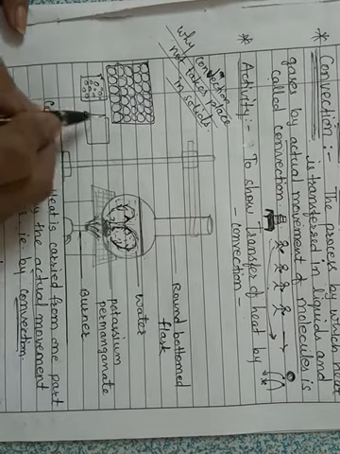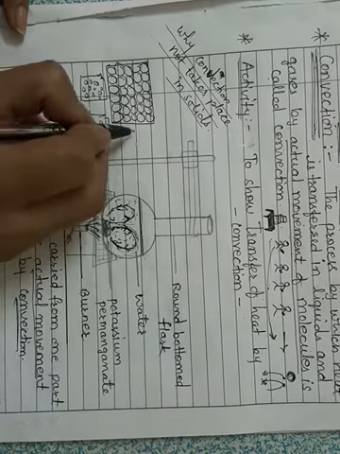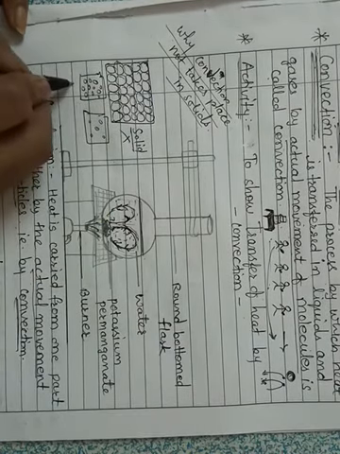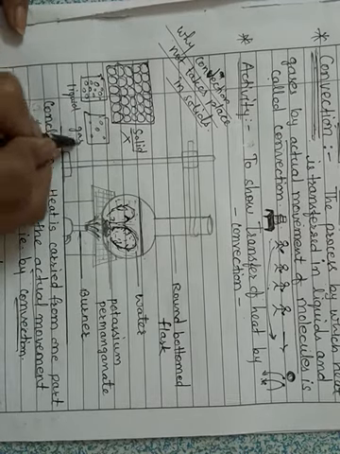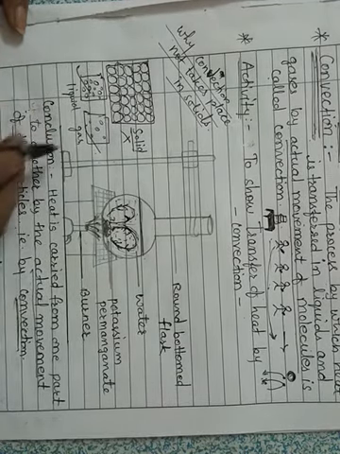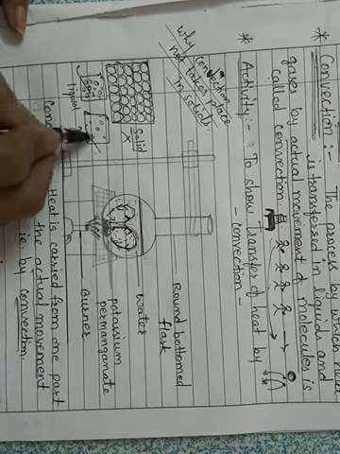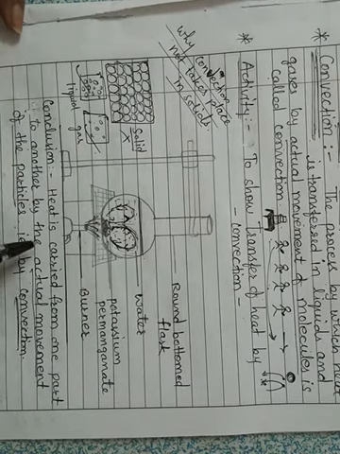In gases also they have space to move. That's why in solids there is no convection, but in liquids and gases convection is possible, because here the molecules of the substance are actually moving. Okay, so this is about convection.